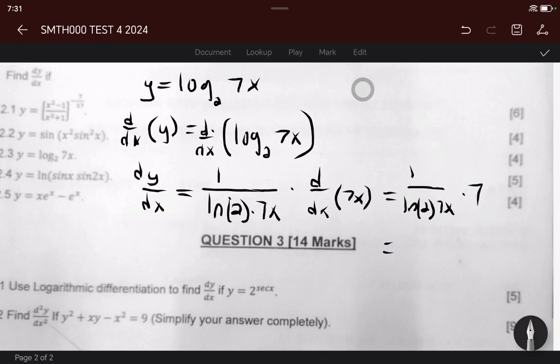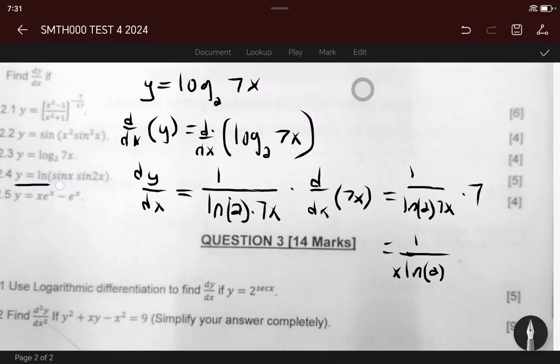The 7 will cancel the 7. We have 1 over ln 2 x. We put the x here. That will be the solution for that question. So I'm sure we see what the question is about.